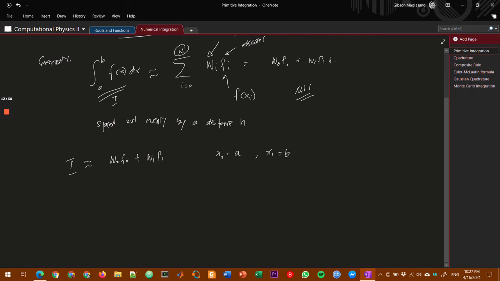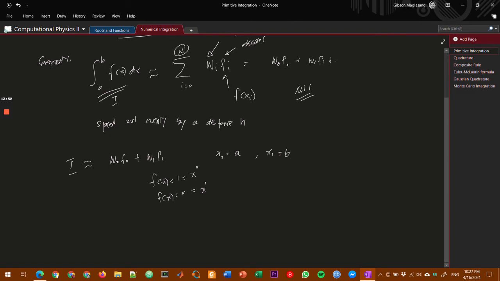Next, we want this approximation to be applicable to other forms of integrals. Let's say we want it to be applicable to f of x equals 1 and also f of x equals x. Actually, these are polynomials: this is just x to the 0, and this is x to the 1.